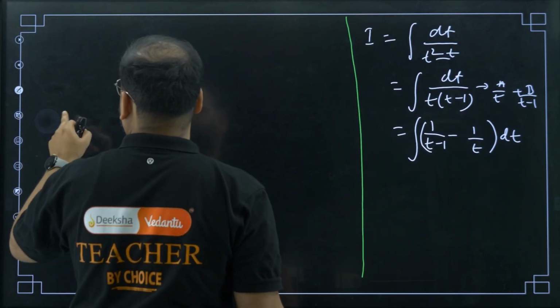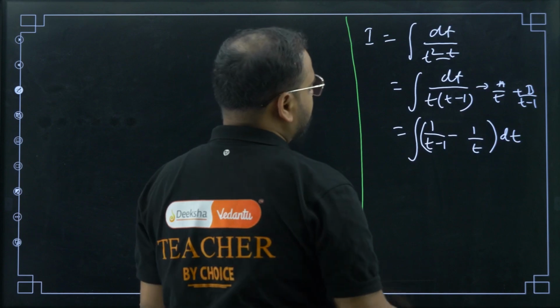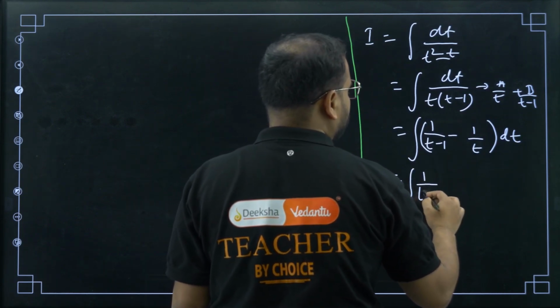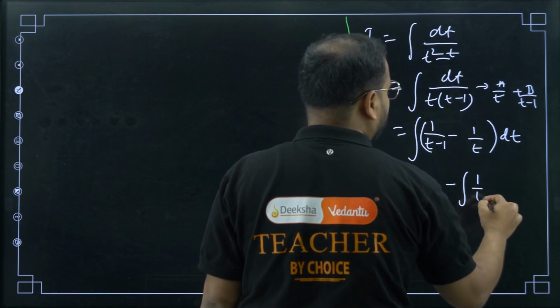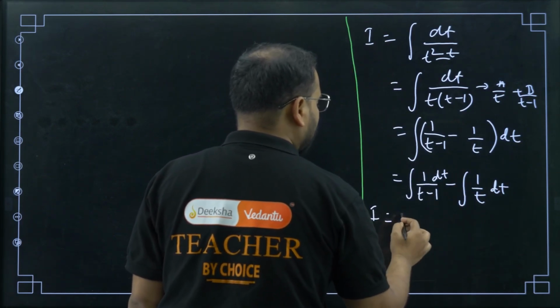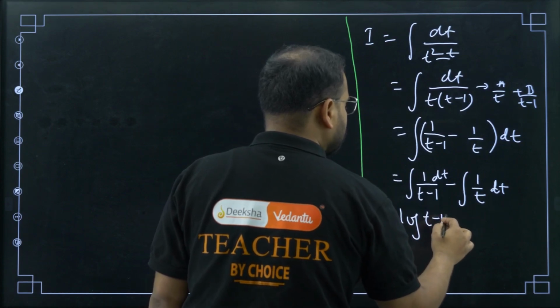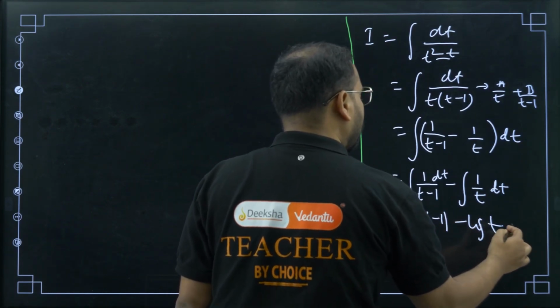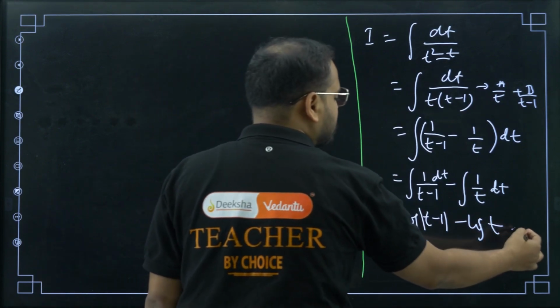Chaliye, let's solve this. What am I going to get? This is very, very simple. Integral of 1 upon t minus 1 minus integral of 1 upon t. Both sides we have dt. So my I will become what, bacha? Log of t minus 1 minus log t, and plus c is there, the constant of the integration.